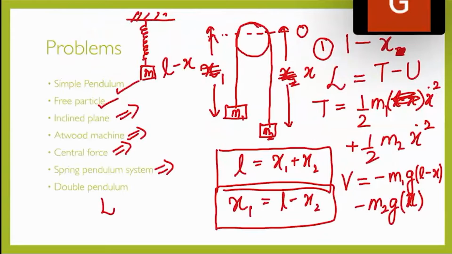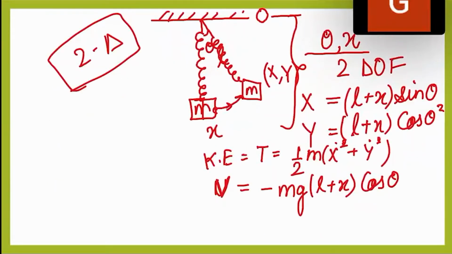You can find the Lagrange equation of motion for the double pendulum. What a double pendulum looks like is just two pendulums. For example, here, then again here, two pendulums. For example, this is L1, this is L2. Two pendulums are attached together. You can use the same concept of position coordinates. For this bob, you can take x1, y1.